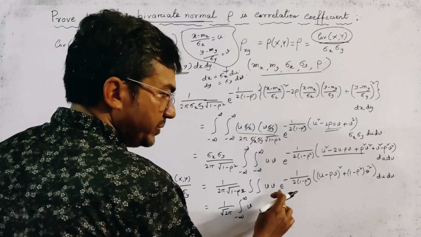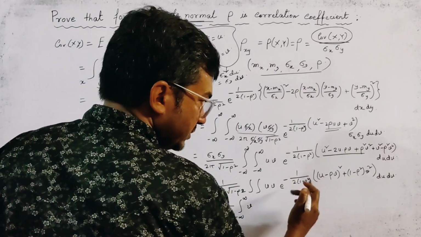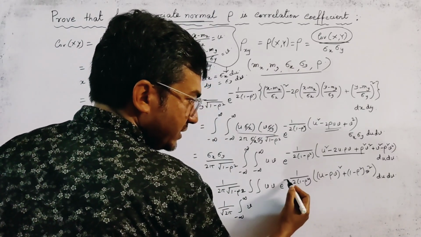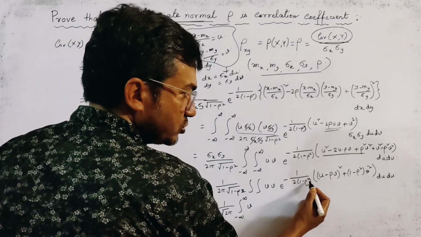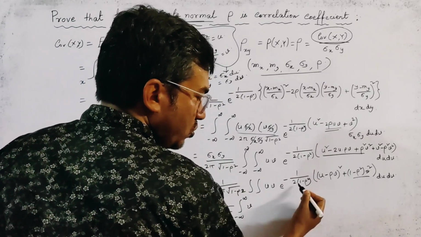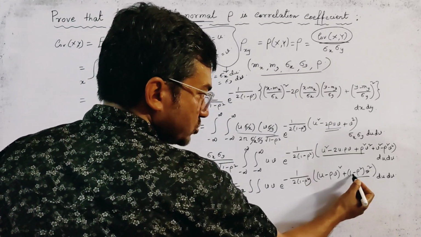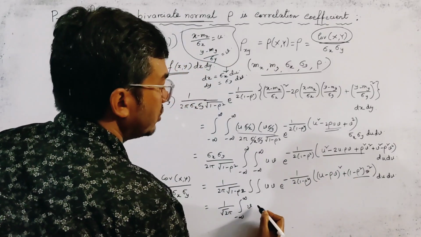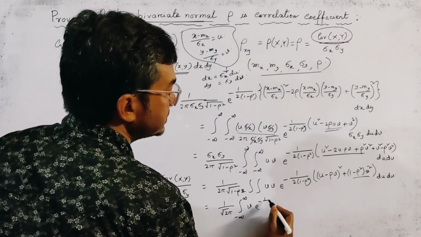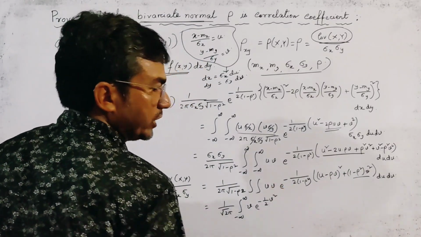v, and e to the power minus 1 by 2 into 1 minus rho square into this term. So 1 minus rho square and 1 minus rho square cancel out, so we get only e to the power minus half v square.